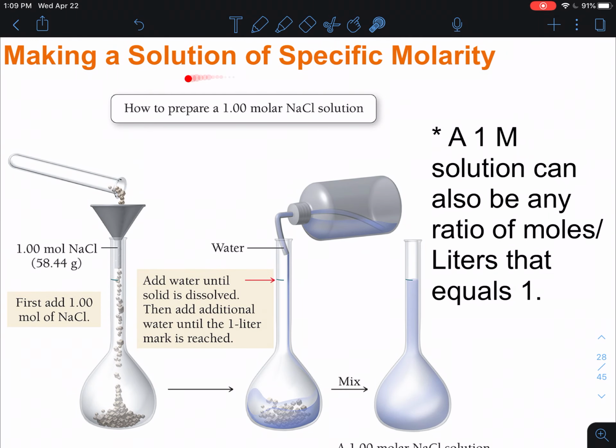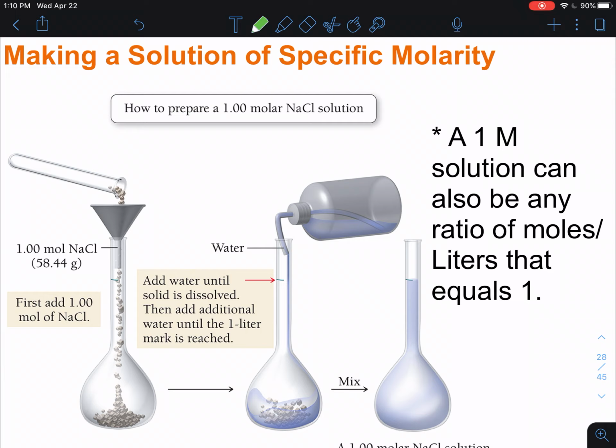So if we want to prepare a 1 molar sodium chloride solution, it's a ratio, so it all depends on whatever your ratio is that equals 1, but the easiest way to do it is to say 1 mole of sodium chloride. 1 mole of sodium chloride is 58.44 grams.